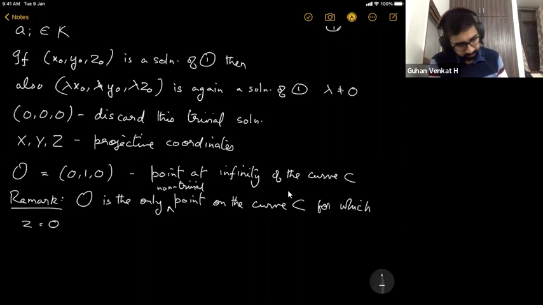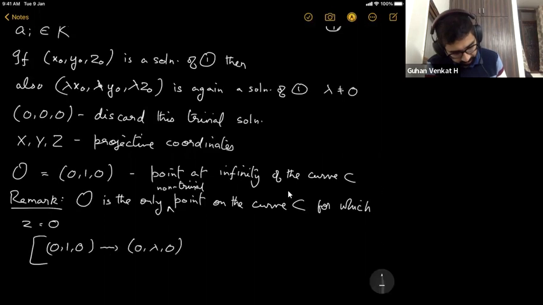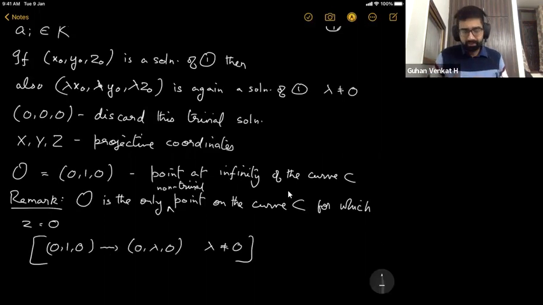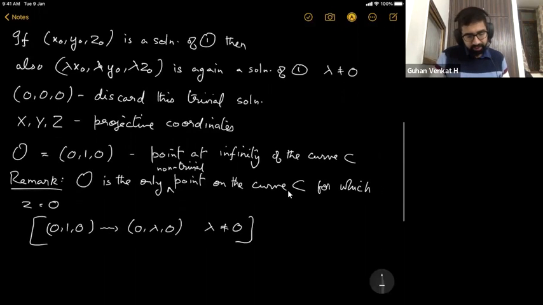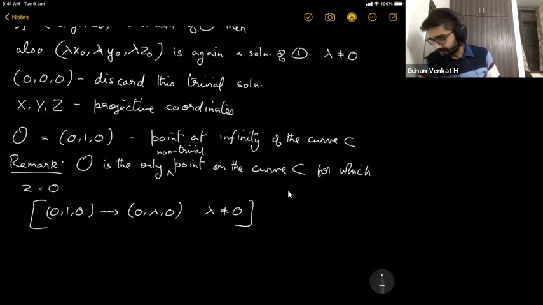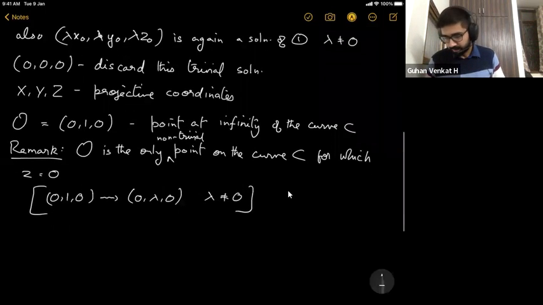Essentially, (0, 1, 0) is a solution, which also means that any (0, lambda, 0) for lambda not equal to 0 is again a solution, and you want to identify such points. If you do that, then this point at infinity is the only non-trivial point for which the z coordinate is 0. All right.